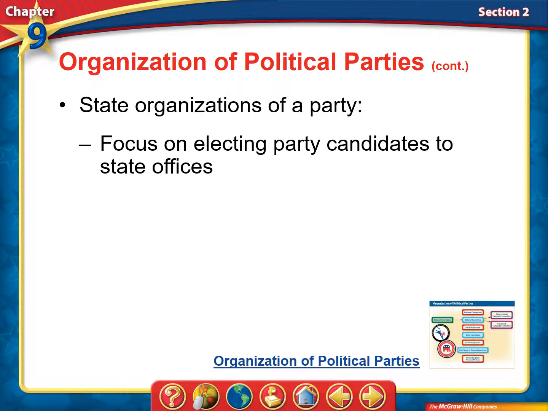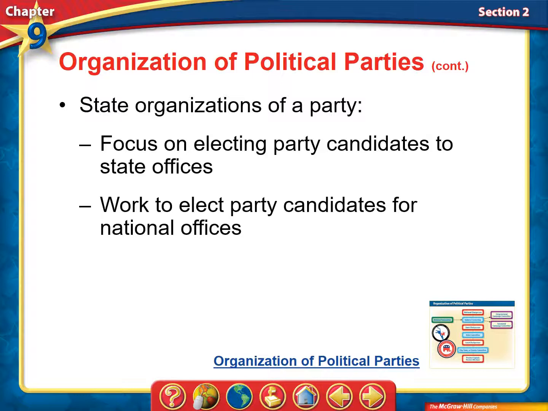And the focus, once more, is to not just elect a president, but to elect members of their party into state and local offices. And this committee also, this party also works to elect candidates for national office.